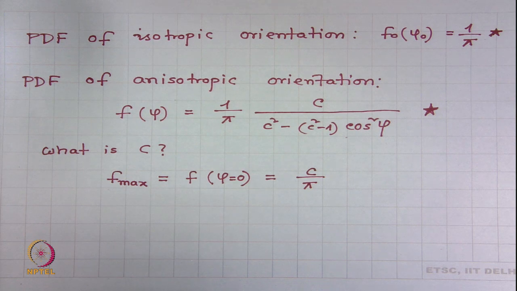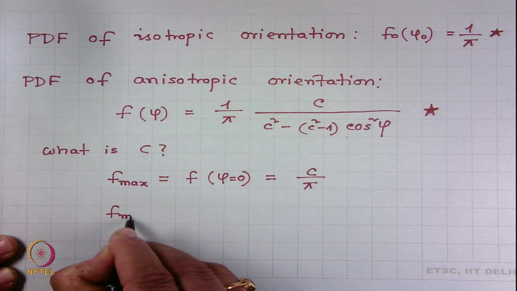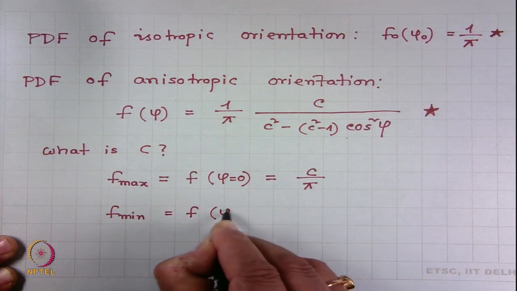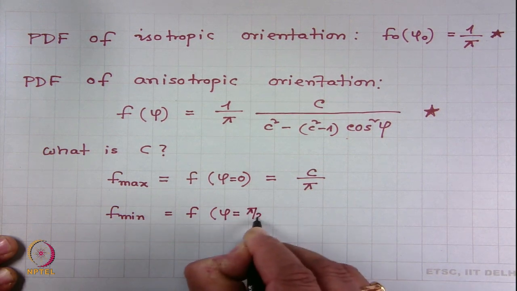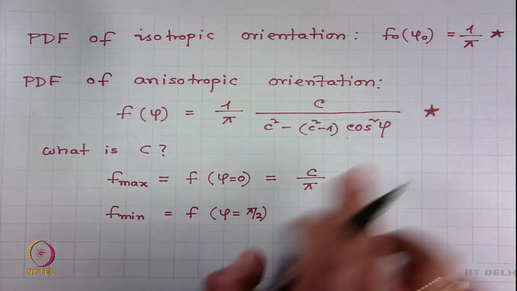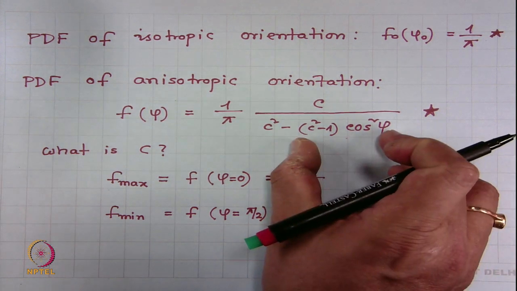What is the minimum value of this expression? If psi is equal to pi by 2, cos square pi by 2 is 0. So, this whole term vanishes.